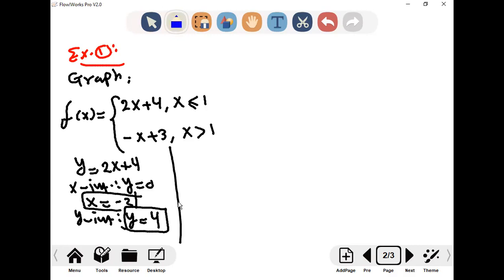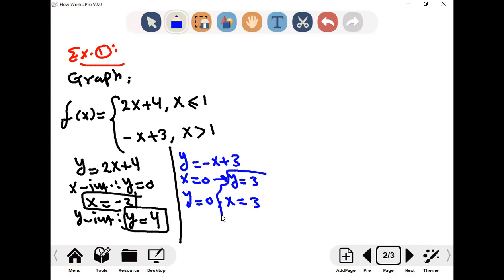Now the same for the second one. I'll use the blue for it. y equals negative x plus 3. If x equals 0, y will be 3. If y equals 0, x will be 3, because here it will be negative 3, and dividing both sides by negative, it will also be 3, right?